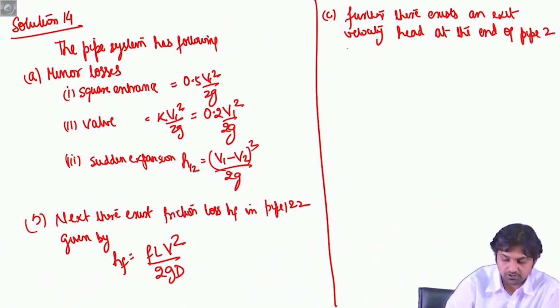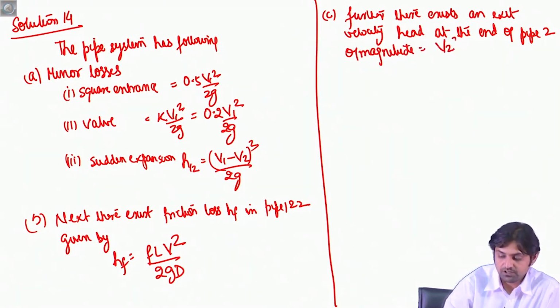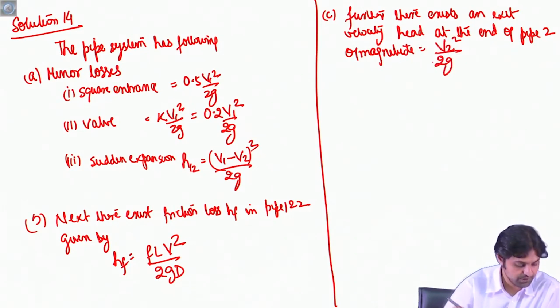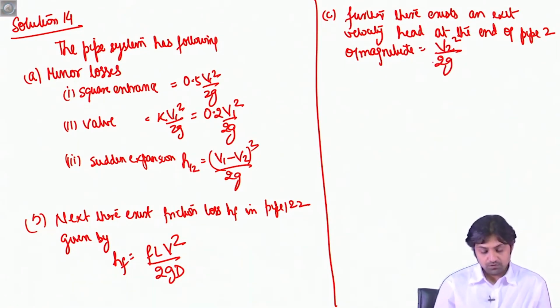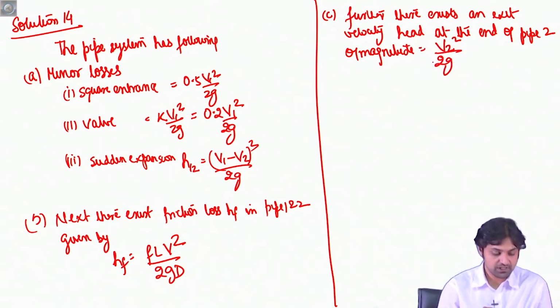So this loss is of magnitude, the entire velocity is lost, so V2 square by 2g. Now we have listed all the types of losses here.